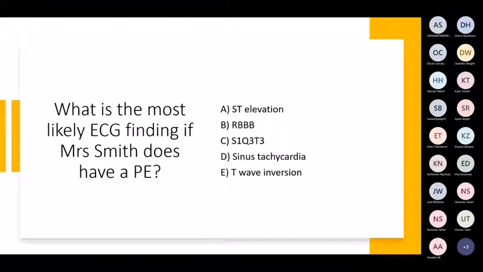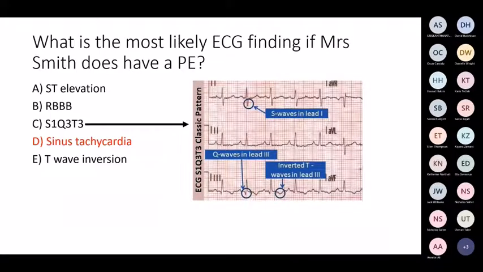So the answer actually is sinus tachycardia. I feel like in past med and books, they really talk about this S1Q3T3, which you do get in PEs, but the most common is actually sinus tachycardia by quite a long way. And this is what an ECG of S1Q3T3 does look like.